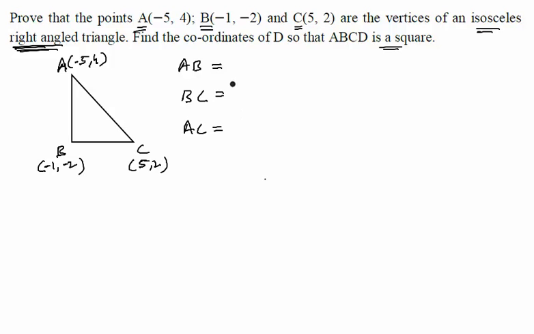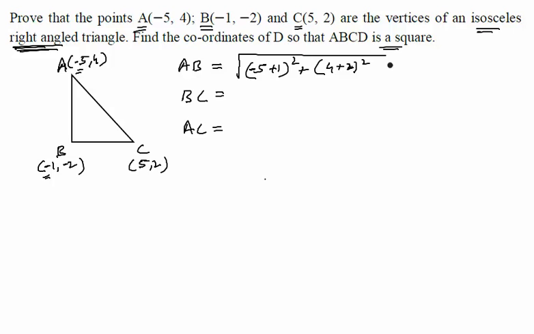So just apply the distance formula for AB. It will be under root of (x1 minus x2) whole square plus (y1 minus y2) whole square. So in our case it will become (-5 minus -1) whole square, that is (-5 plus 1) whole square, plus (4 minus -2) whole square, that is (4 plus 2) whole square.